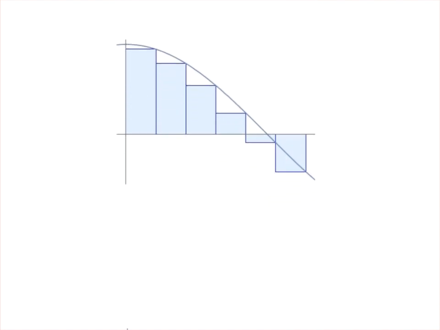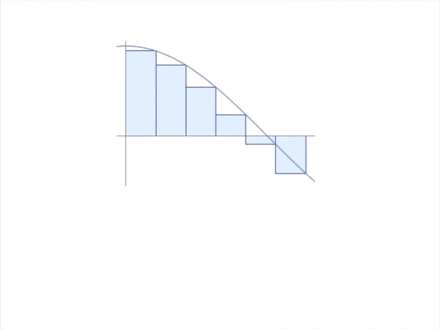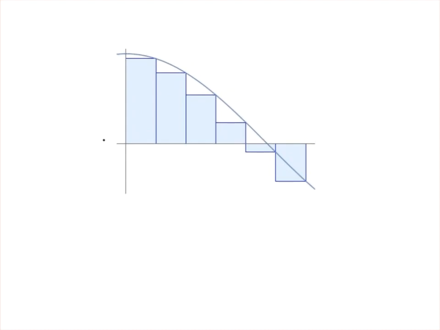We know how to approximate the area by using Riemann sums, like right sum, left sum, midpoint sum, or by choosing any x in any of the subintervals to construct the height of a rectangle.